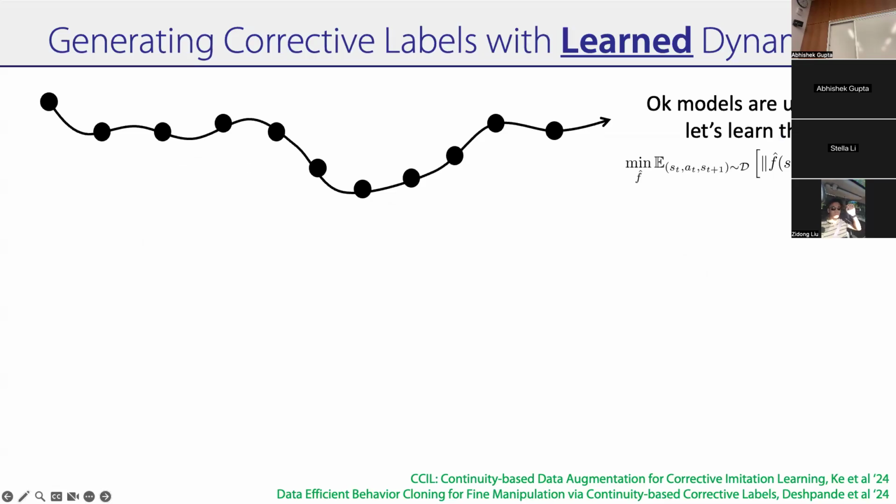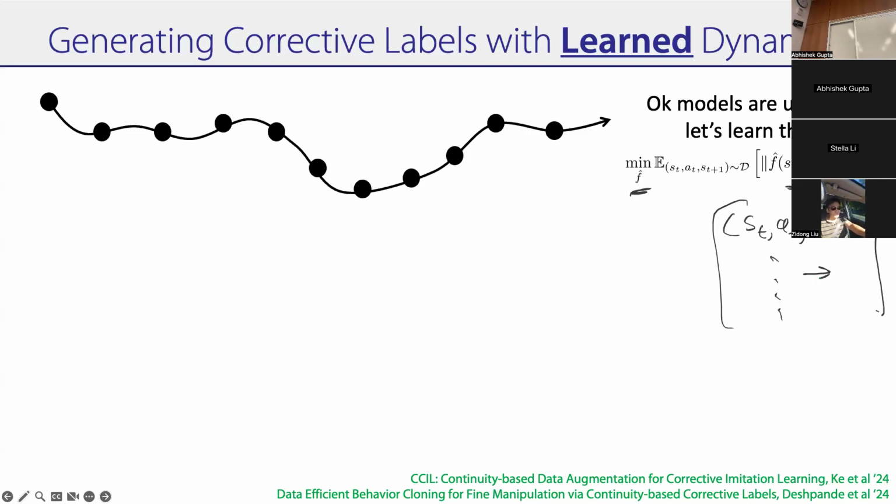We'll cover this in detail in the model-based RL lecture, but the idea here is to learn an F which is as close as possible to the true dynamics of your system. We're just going to collect pairs of ST, AT, ST plus 1, and we'll learn a model that takes in ST, AT and predicts ST plus 1. So it's a dynamics model, something that takes in states and actions and predicts what the next state would be.